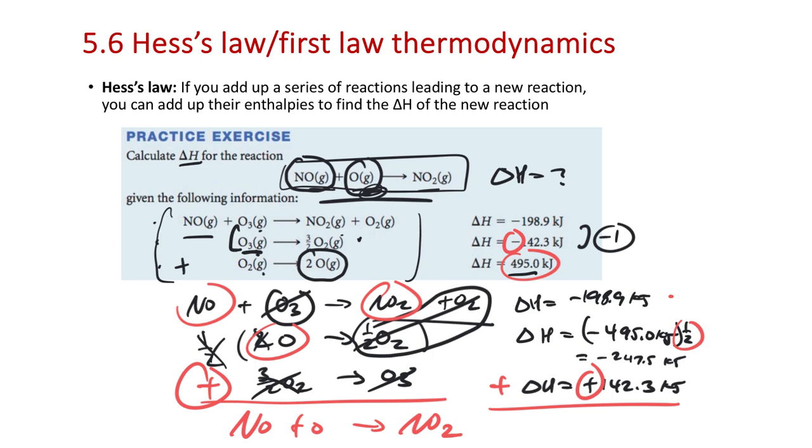So I would take this as negative 198.9 plus negative 247.5, then plus 142.3. And so I get negative 304.1.